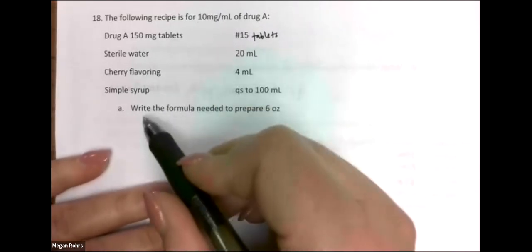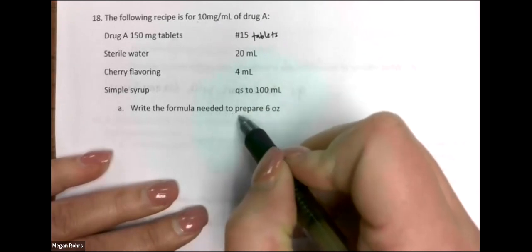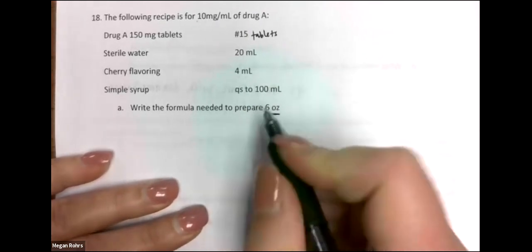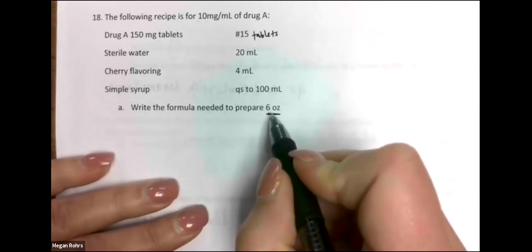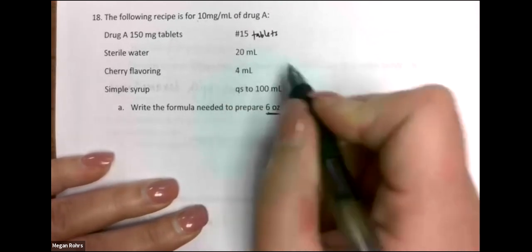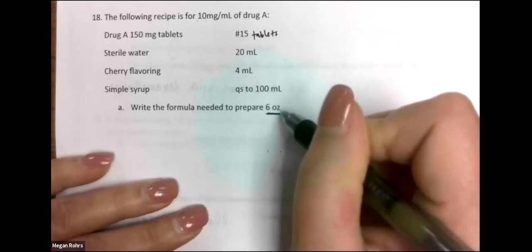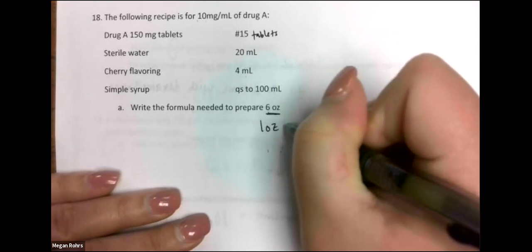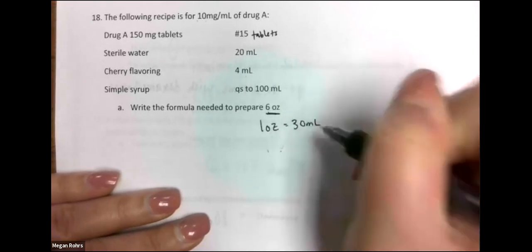Now the question says, write the formula needed to prepare 6 ounces. In this case, I know my ounces are going to be fluid ounces because this is a liquid, okay? So I need to change these ounces into mils. Well, we know that 1 ounce is 30 mils.